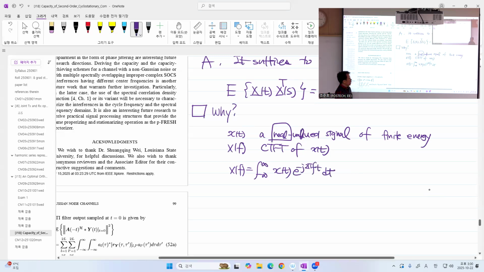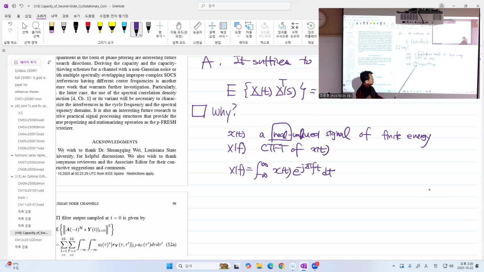So in order to extract the frequency component in x of t at frequency f, we multiply its conjugate and integrate. So we basically compute the inner product so that we extract the frequency component in x of t at frequency f. That is the continuous time Fourier transform.